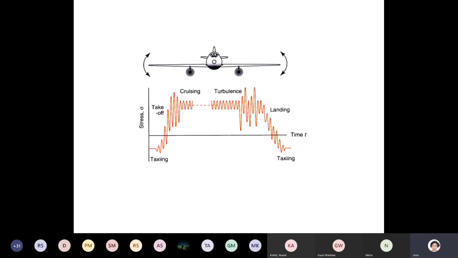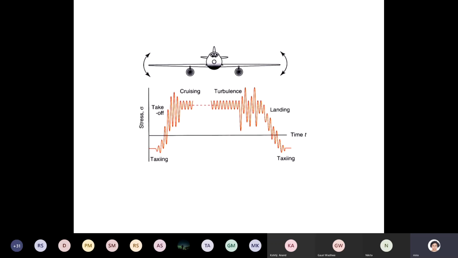This fluctuating load, this repeated compression and decompression, the repeated upward bending and downward bending, is what is called fatigue loading. And fatigue resistance varies from metal to metal.